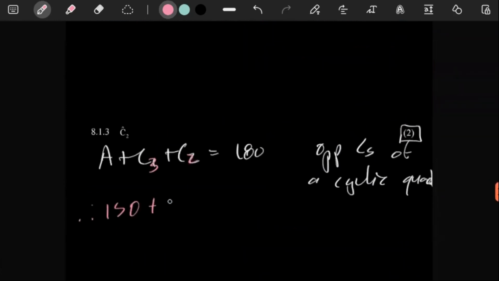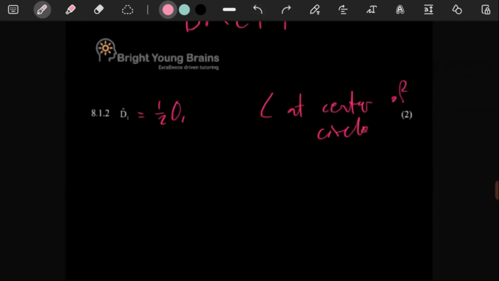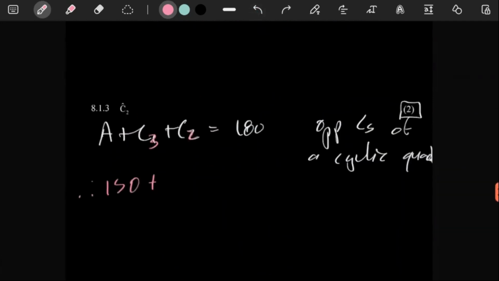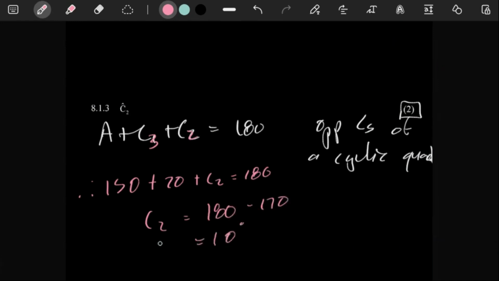C2 is what we're looking for. C3 we do have, they gave it to us as 20. So C2 is equal to 180 minus 170. This is giving us 10 degrees. 10 degrees is our answer.